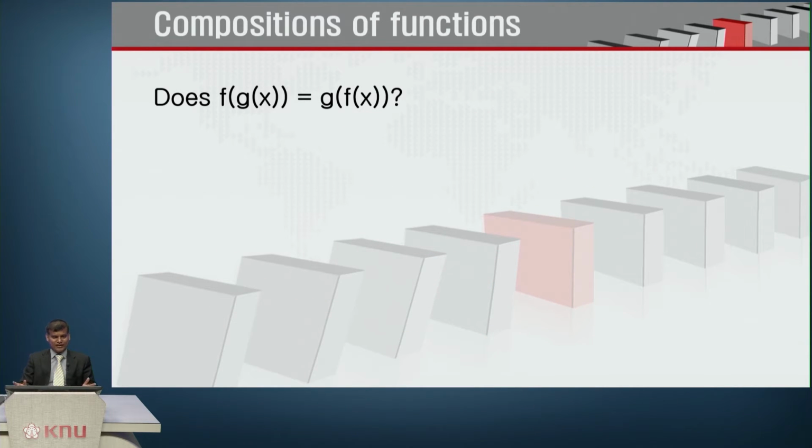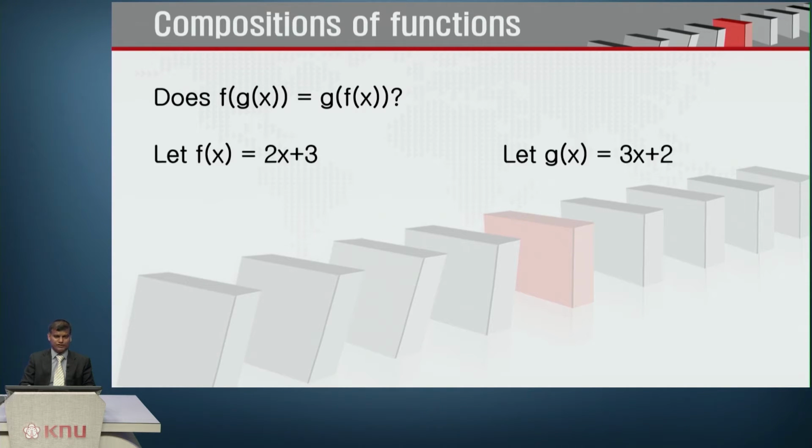Well, the question is, does f of g of x equal g of f of x? This is the relation that we have to prove or understand with regards to composition of functions. Let's try and see whether it is equal or not.